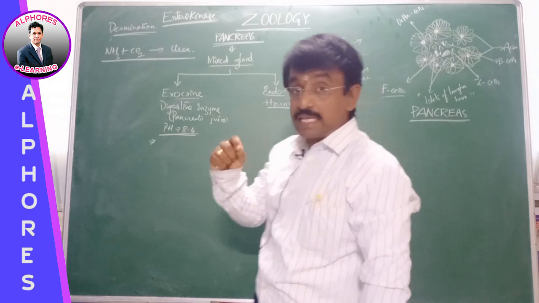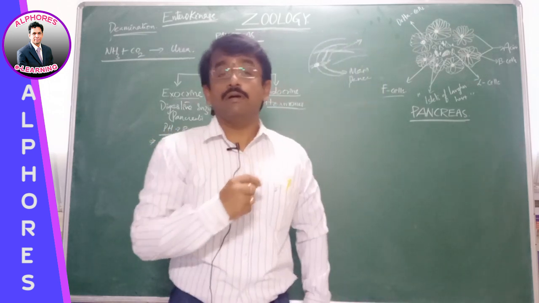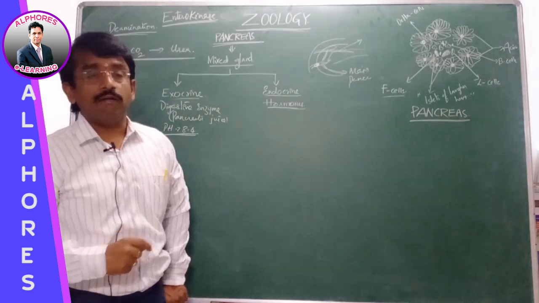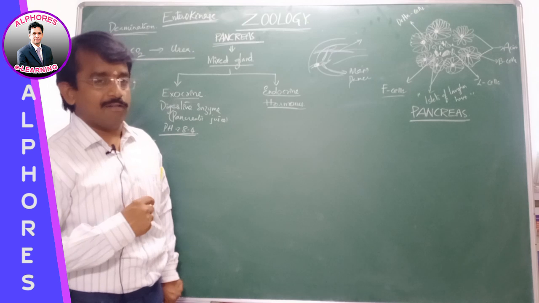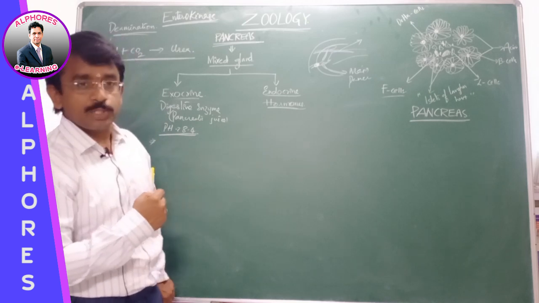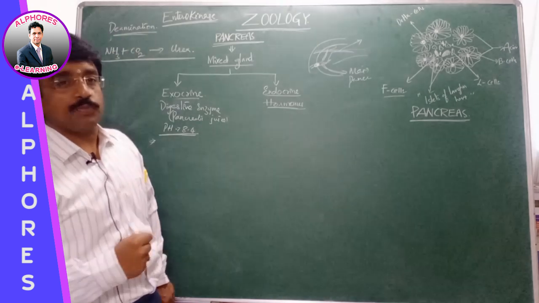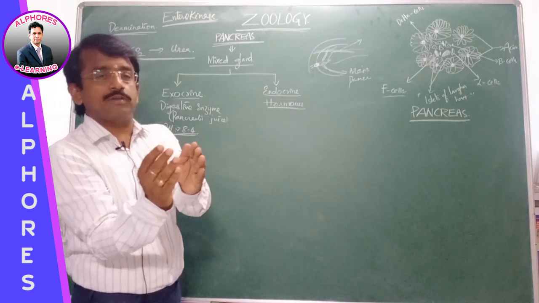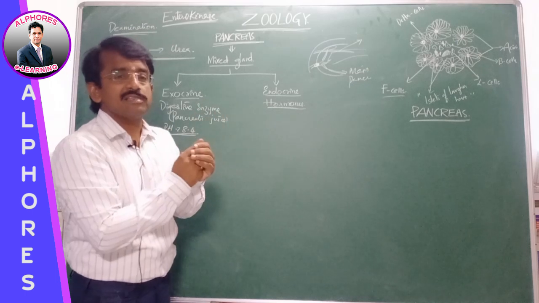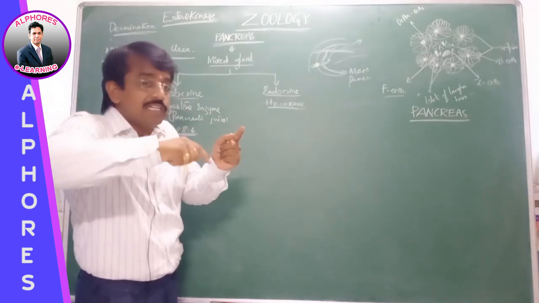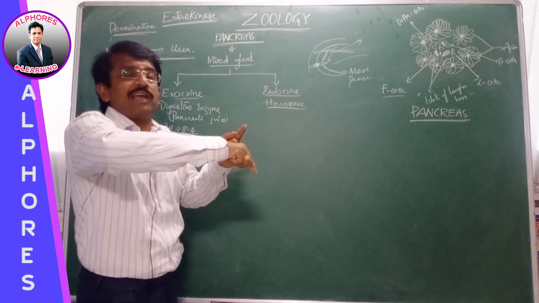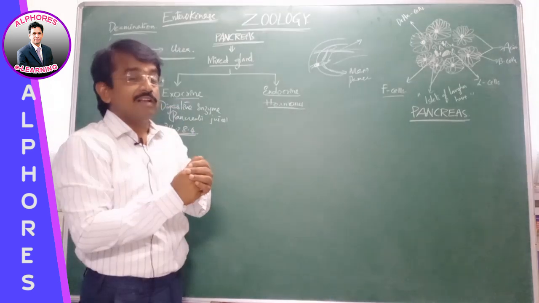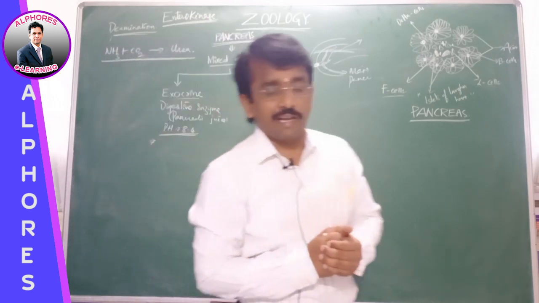However, these enzymes initiate the reaction, but later on autocatalysis takes place. The trypsinogen is converted into active trypsin by enterokinase. Further, the trypsin itself acts upon its own inactive form, trypsinogen, and converts it into trypsin, which is named the autocatalytic reaction.